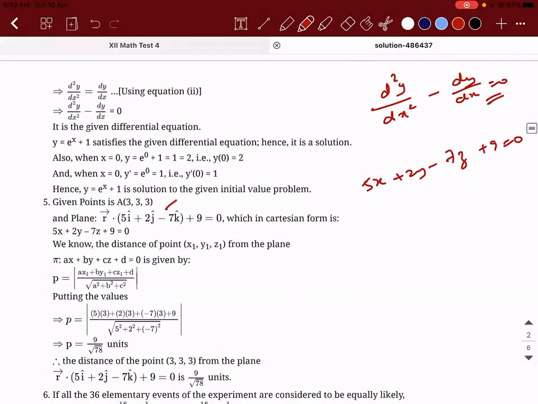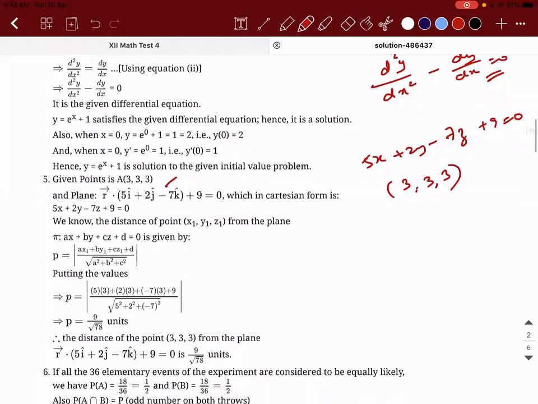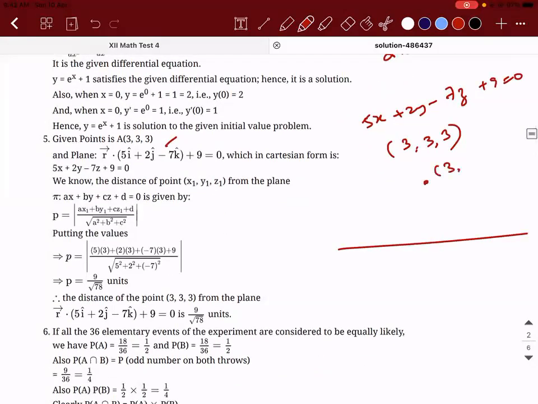So whenever you have this kind of an equation and you know the point 3 comma 3 comma 3, if you drop a perpendicular from the point, this distance is given like this.